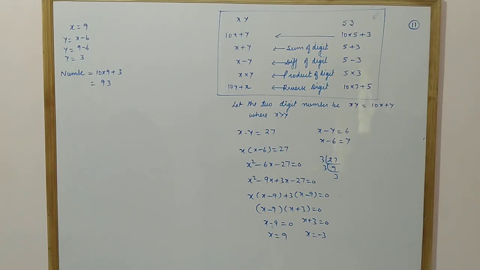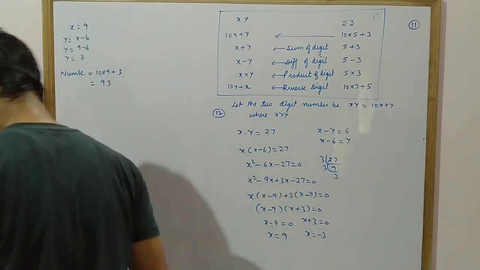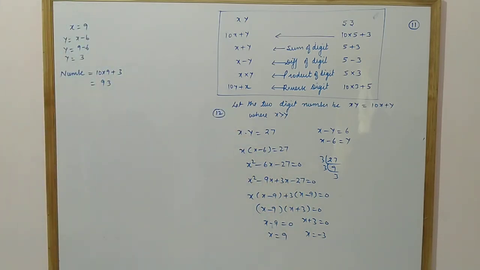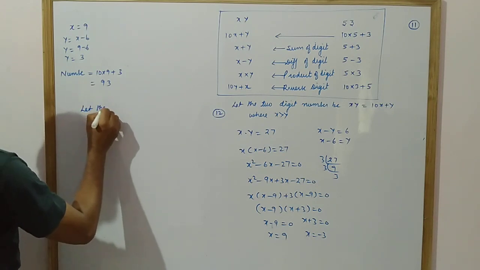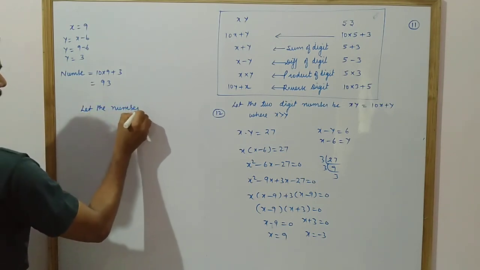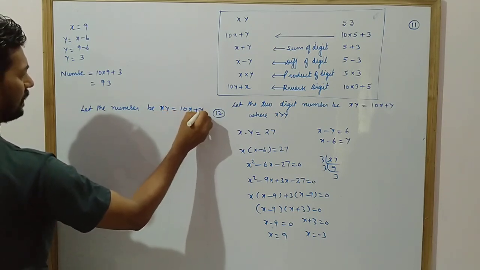Here in question number 12 you see, a two-digit positive number is such that the product of the digit is 6. So let the number be xy, that is 10x plus y.